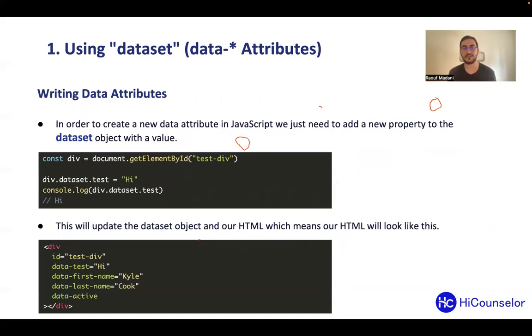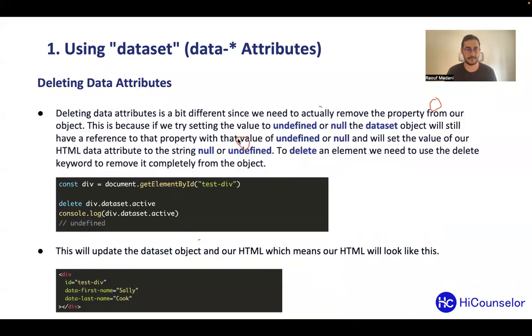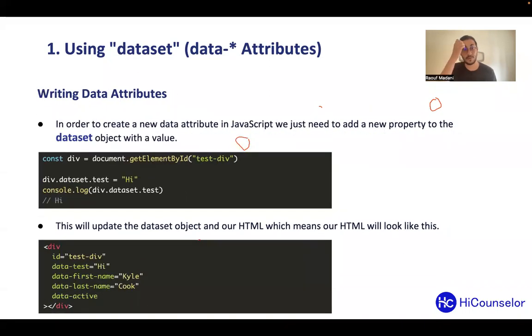For example, in order to create a new data attribute in JavaScript, we just need to add a new property to the dataset object.